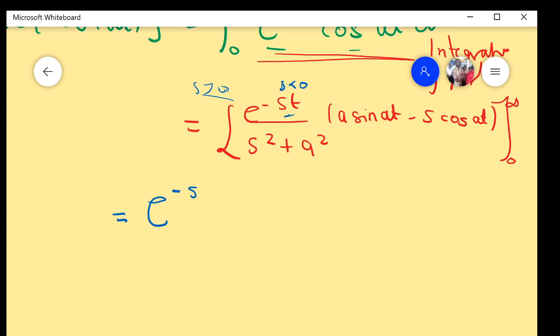Okay, so if you solve, we are going to arrive at e exponent minus infinity, so everything is going to go to 0. Then the infinity part will go away, and we'll be left with this part, because sine of 0 is going to go to 0, then cos of 0 is going to go to 1.